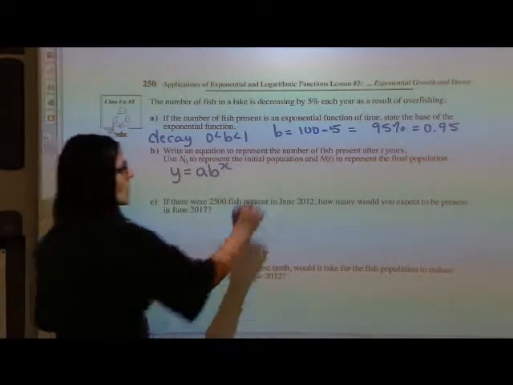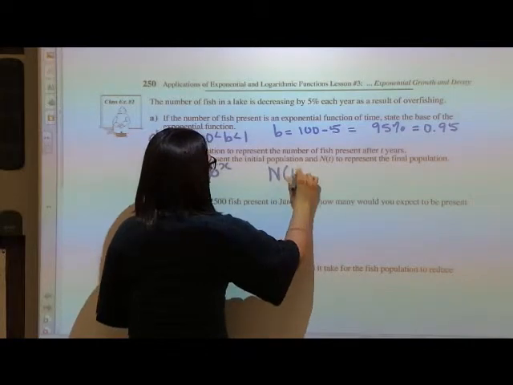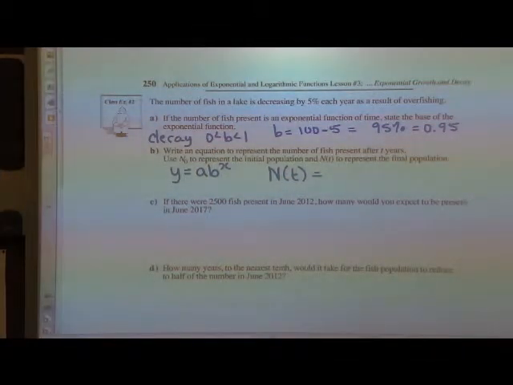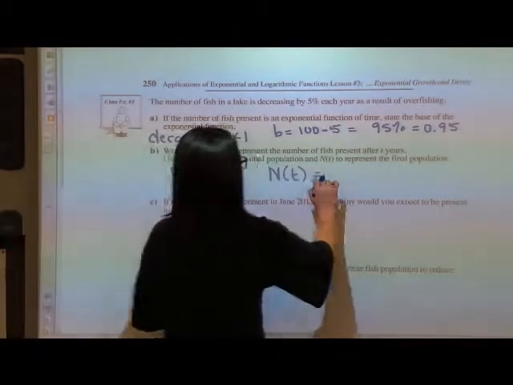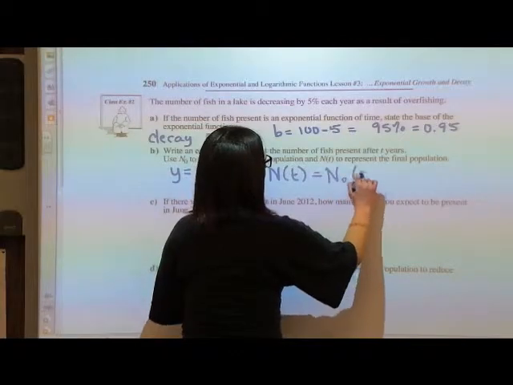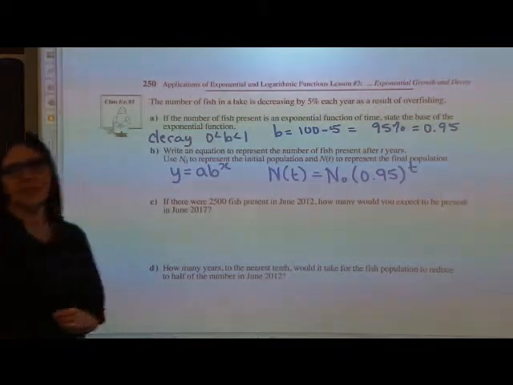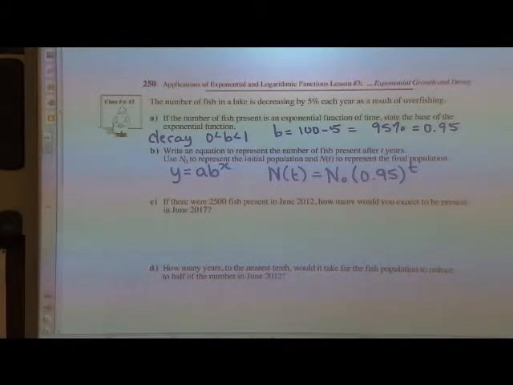N of t. It's the final population. And what does a represent? The initial population, n of 0. We already know that b is 0.95. And x would be t, the number of years.